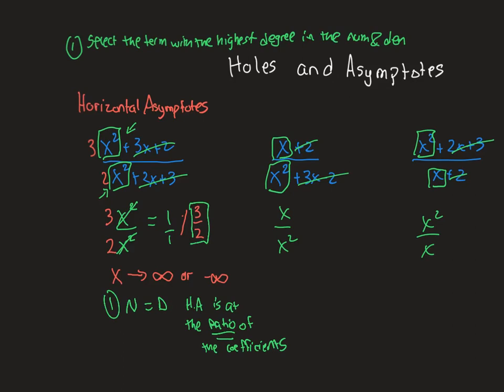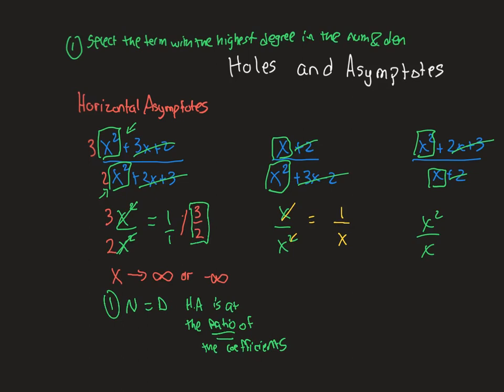Let's see what happens in this case. X divided by x squared. Well, in this case, this x is going to cancel out. One of these x is going to cancel out, and I'm going to be left with 1 over x. Well, so what happens as x goes towards infinity? So when I say that, that means x is getting bigger and bigger and bigger. So 1 divided by, let's say, 10.